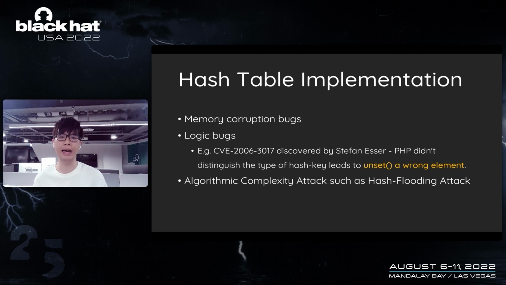It's a logic bug in the unset function of PHP. The hash table implementation didn't distinguish the key type of an array, so that an attacker can delete arbitrary elements with an index number. When I saw this bug, it amazed me, and I believe this is just the kind of bug I'm looking for.